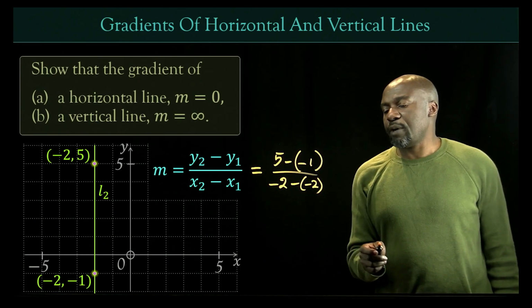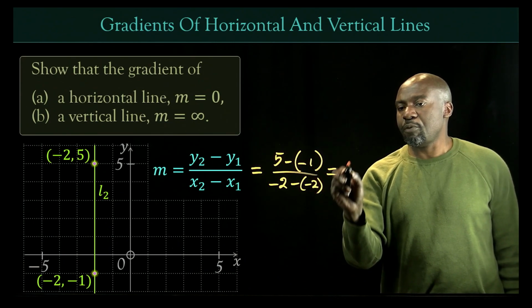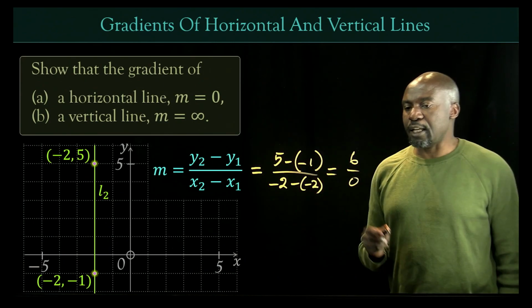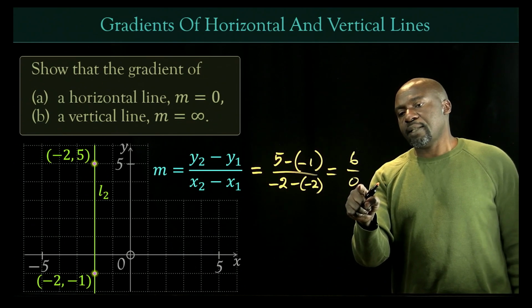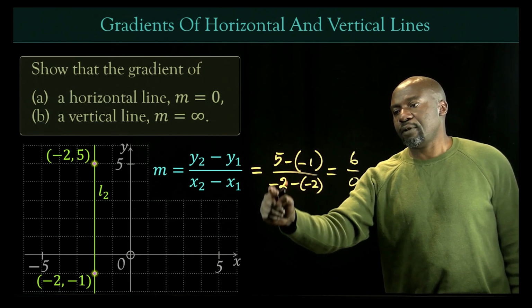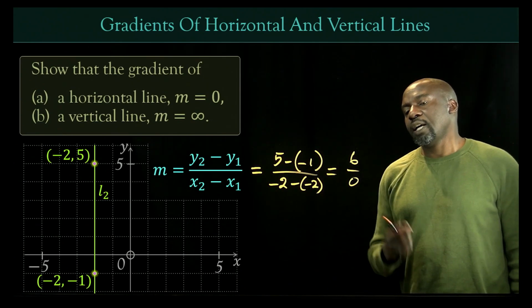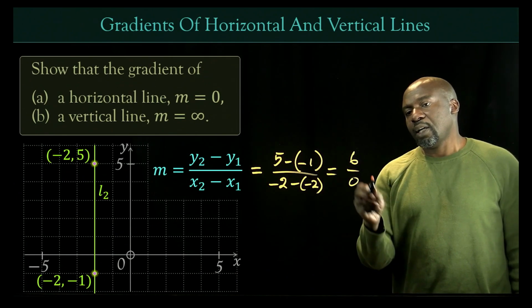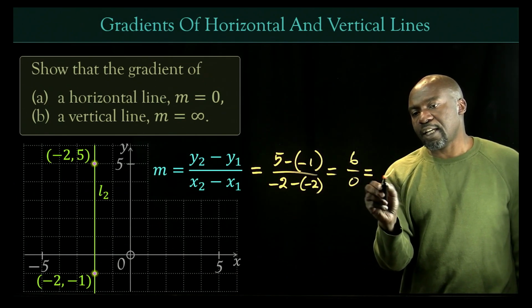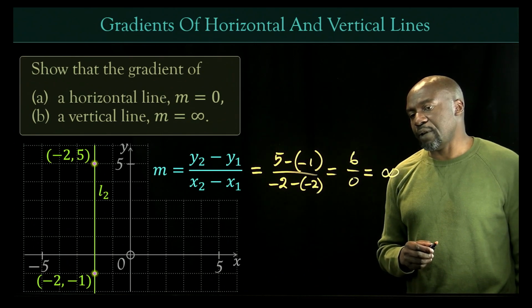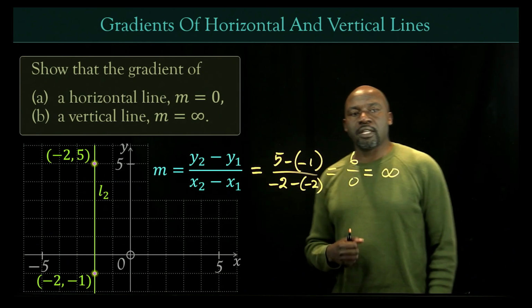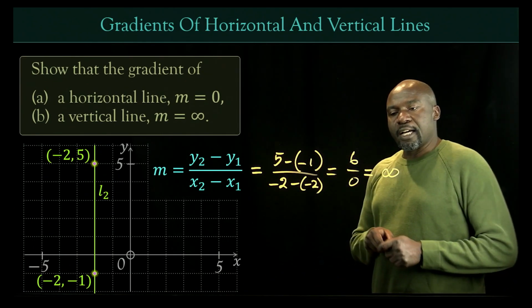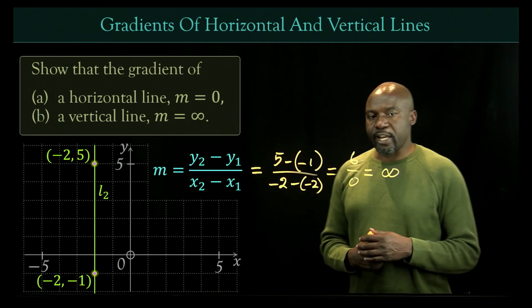So that's negative 2 plus 2, and this is going to be 6 divided by 0. Now we're always going to have the denominator turning out to be 0. A number divided by 0 is undefined, and we represent that using the symbol infinity. And so this is the reason why every vertical line has an infinite gradient.